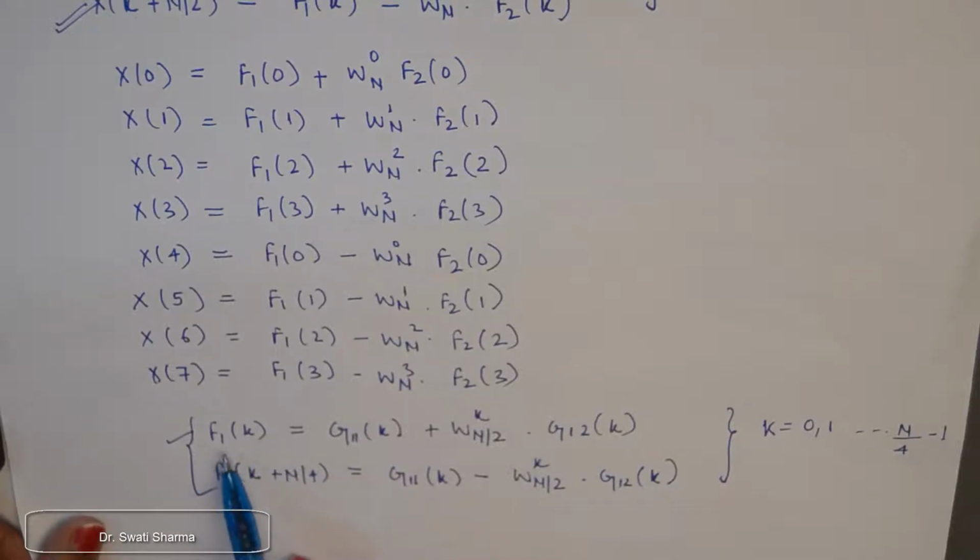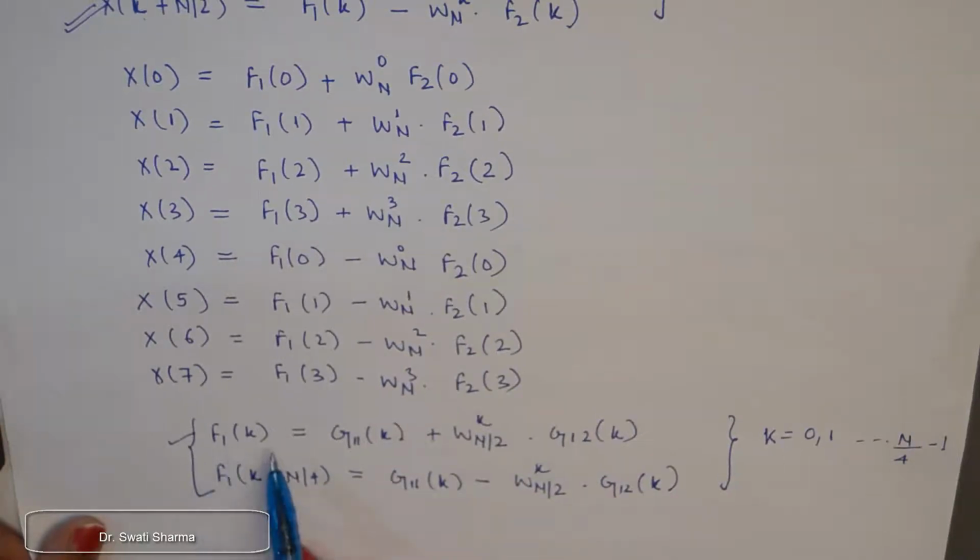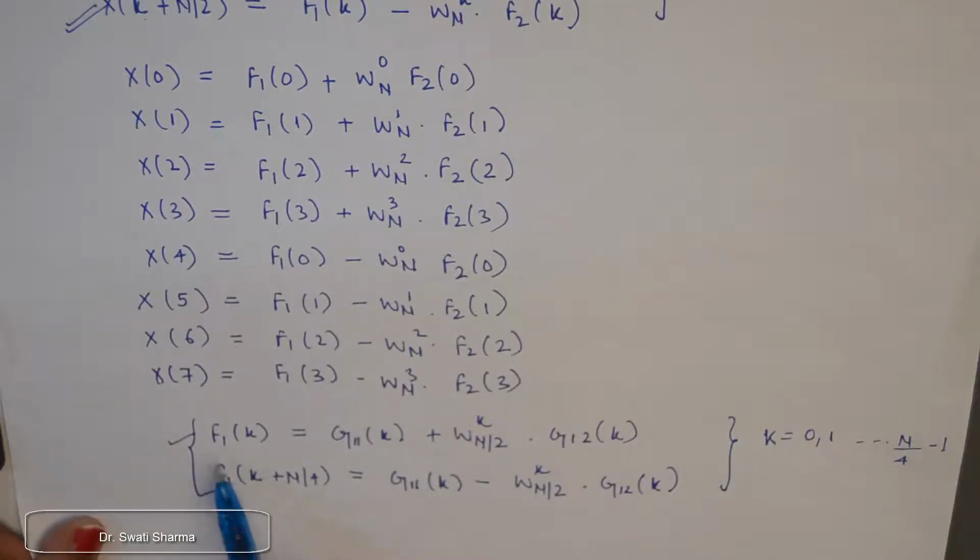Because f1 is a sequence having length 4, it should have 4 different sample values: f1 of 0, f1 of 1, f1 of 2 and f1 of 3.